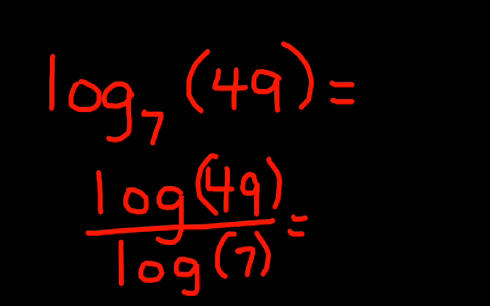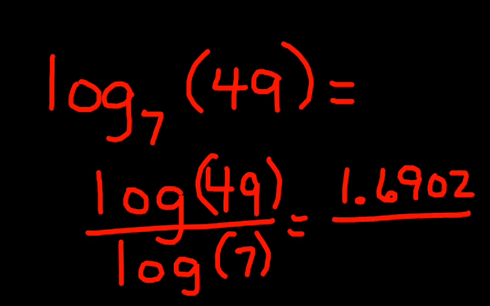And I can just directly put that in my calculator. If you wanted to know the log base 10 of 49, it's something close to 1.6902 rounded. And the log of 7, which is the bottom part, is equal to 0.8451. We'll round that one to 4 also.